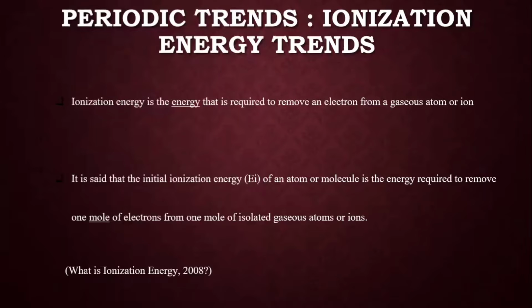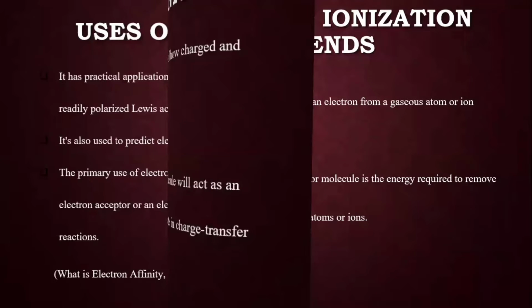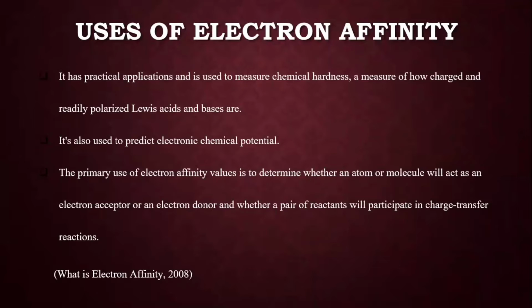Now, when it comes to the trend of electron affinity, it is basically increasing when going from left to right across a period. Note that the overall trend across the period occurs because of an increased nuclear attraction.